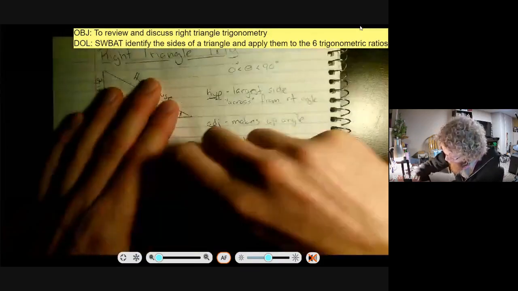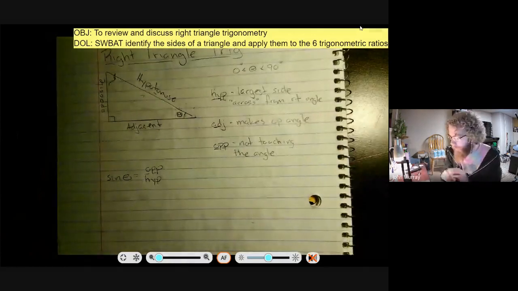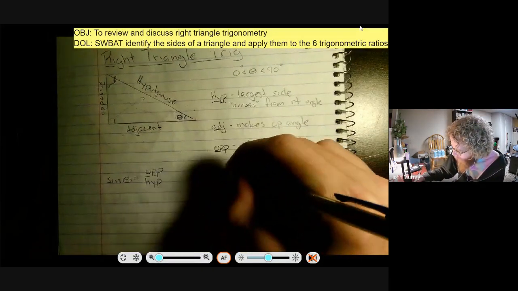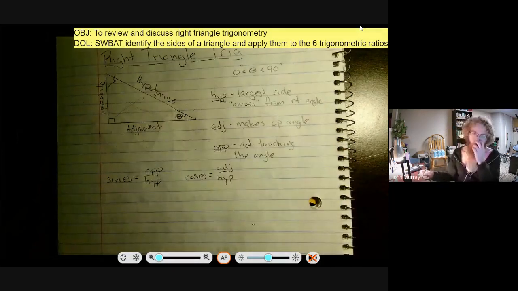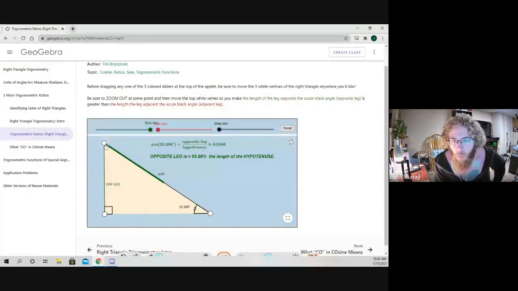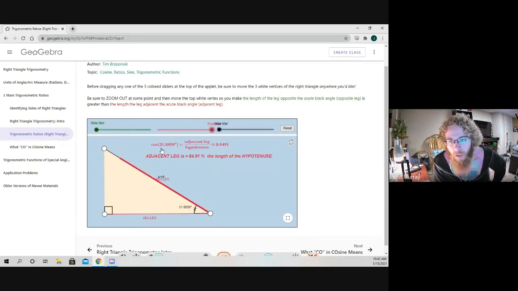Our cosine function is the ratio of the adjacent to the hypotenuse. So now I'm looking at cosine, so I have the adjacent leg and I'm comparing that to the hypotenuse.